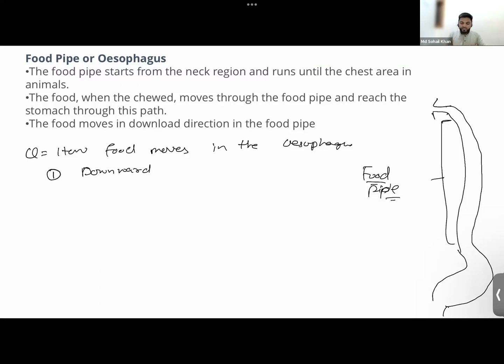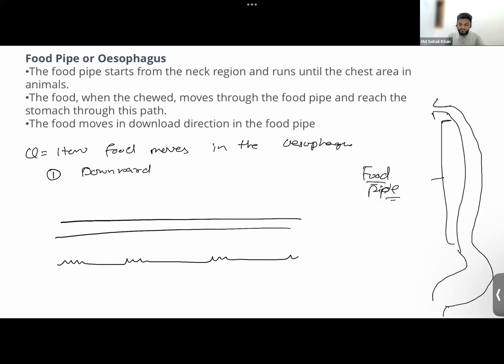If you see the food pipe here, there's a regular contraction and relaxation in the muscles of the food pipe, like the muscles move like this. See, they are contracting here, then again relaxing, contracting and relaxing.